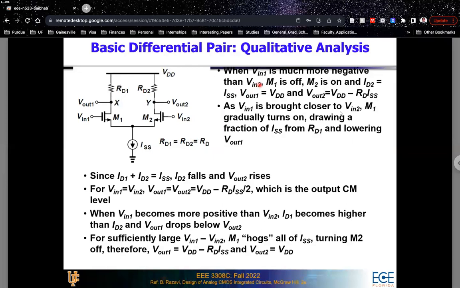So another way to understand this is to consider the case when your input voltage VIN1 is much more negative than VIN2. Let's just consider that the DC voltage at VIN1 and the DC voltage at VIN2 are not equal to begin with.